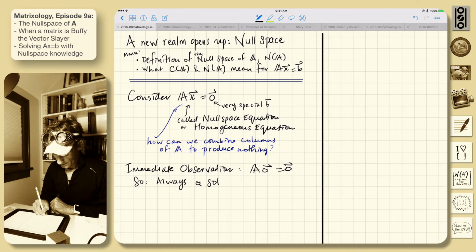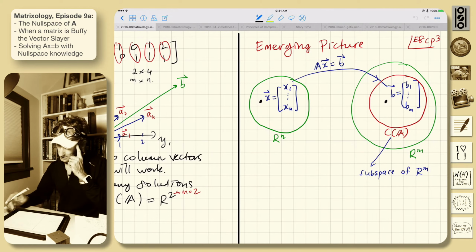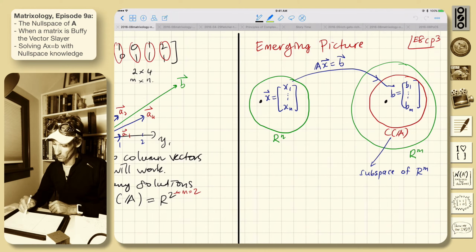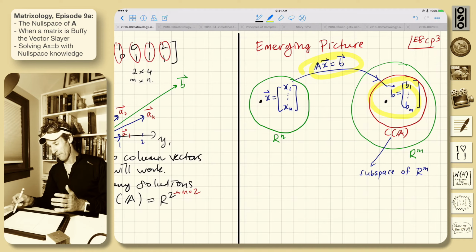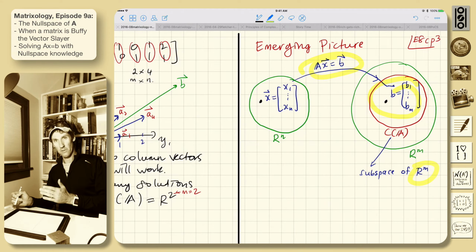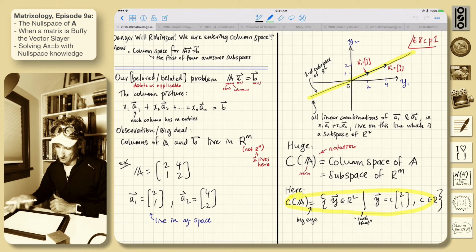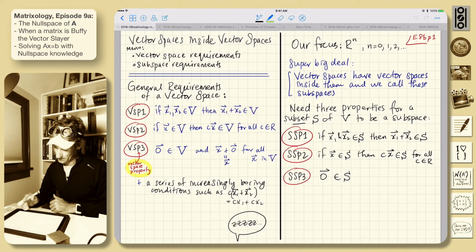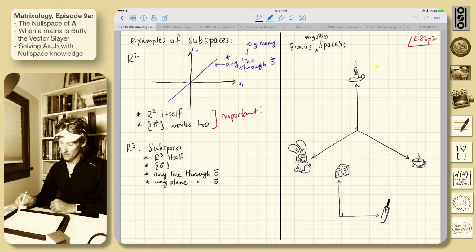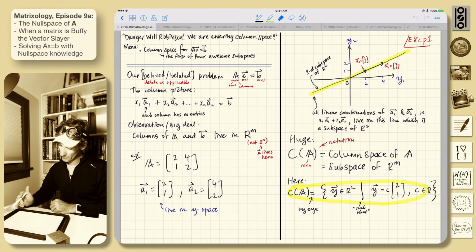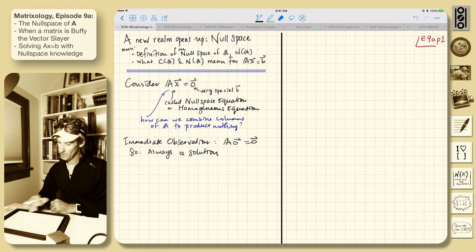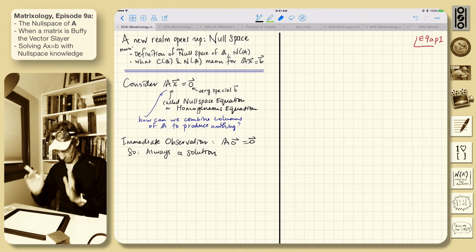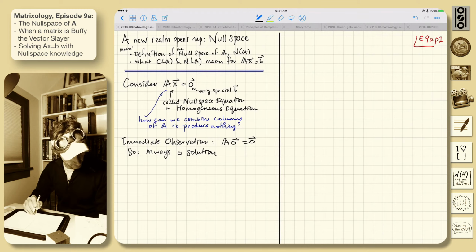And if we go back to thinking about column space, there's only a solution to AX equals B if B is in the column space of A. The column space of A is a subspace of Rm, and 0 is always in a subspace, one of our big rules. So 0 always works.